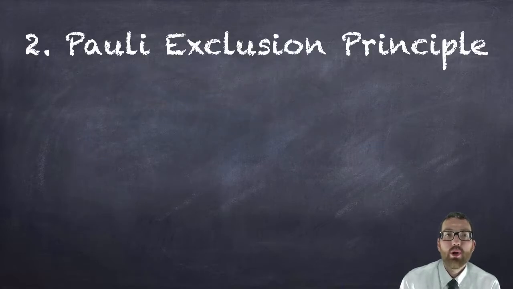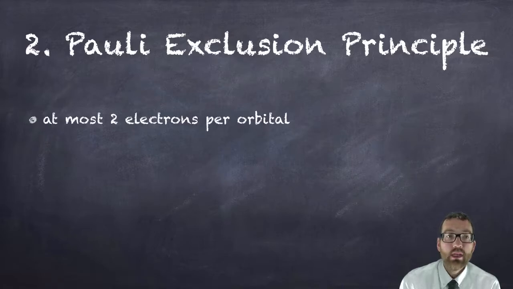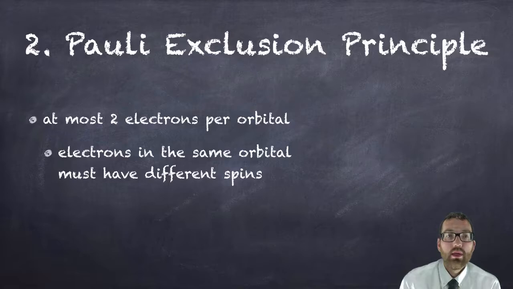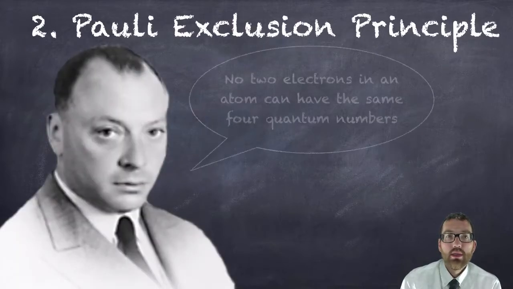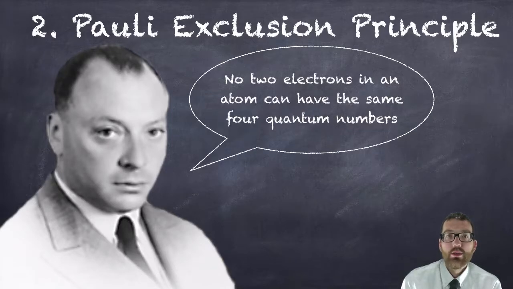The second rule is called the Pauli exclusion principle, and it says at most 2 electrons can fit per orbital. If the electrons are in the same orbital, they have to have different spins. Here's Pauli. He says no 2 electrons in an atom can have the same 4 quantum numbers.